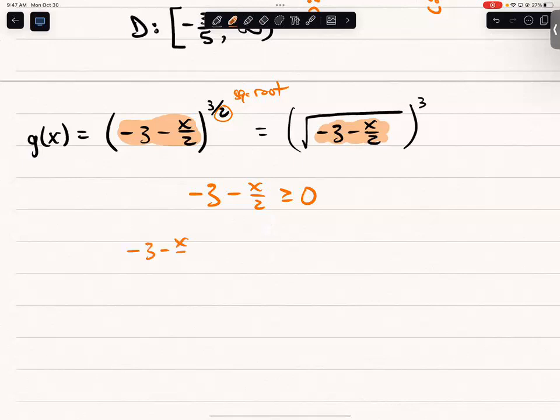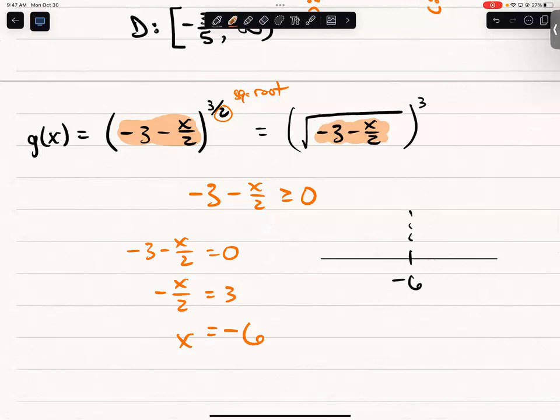I want to just solve the equation so I don't have to worry about flipping signs. So -6 is the threshold, that's the cutoff. And then again, I just need to know what happens on either side. If I plug 0 in, I get -3 under the square root. If I plug -10 in, I get 5/2.